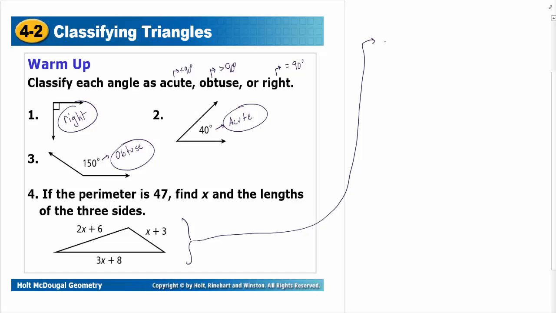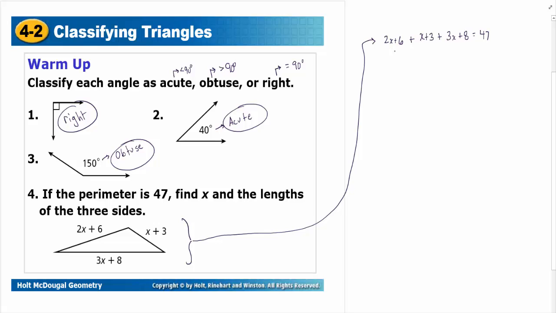So you set this up as a sum of your 3 sides. So 2x plus 6, plus x plus 3, plus 3x plus 8. That's going to equal 47.